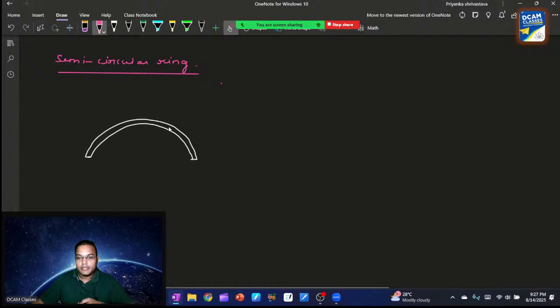What I'm doing is taking one element, and suppose the radius is r. Suppose this element subtends an angle of d theta at the center, and suppose it makes an angle of theta here. Clear?